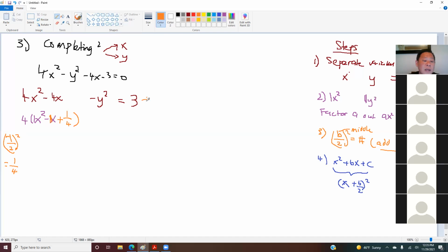So a lot of students add 1 over 4 here. That will be wrong. The reason why this is wrong is because this equation should be balanced. Although you add 1/4 here, you're not adding 1/4 in this case, because we have a 4 in front. So you do need to distribute this 4 into this 1/4. So does anyone know what is 4 times a quarter? 1.